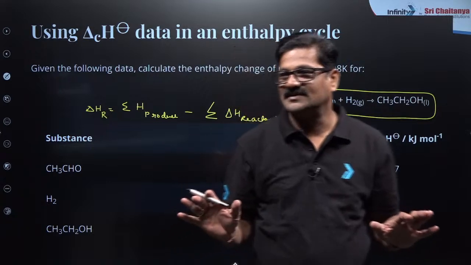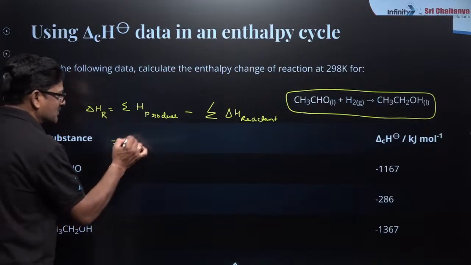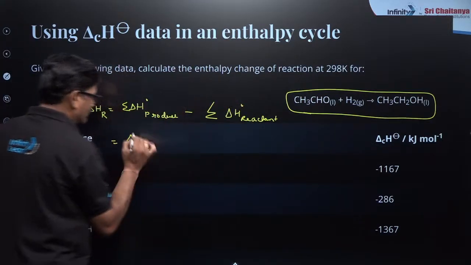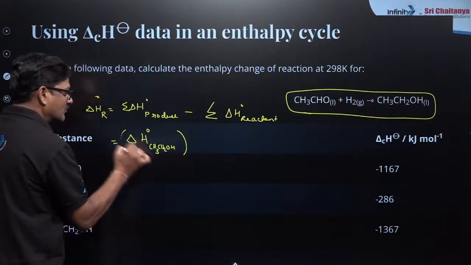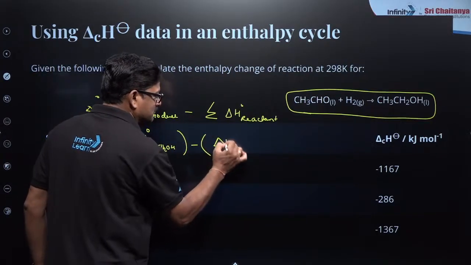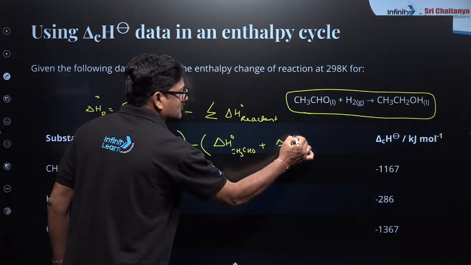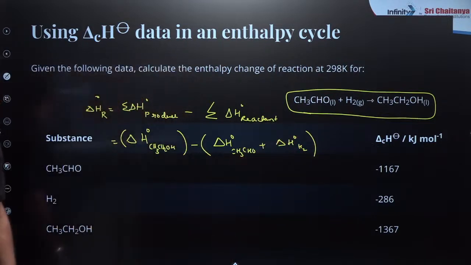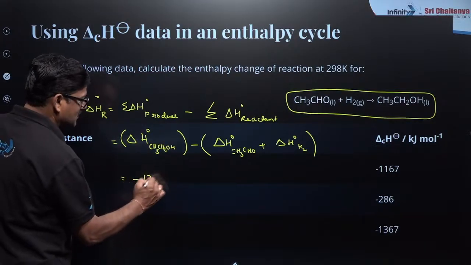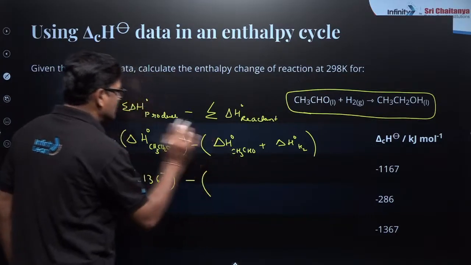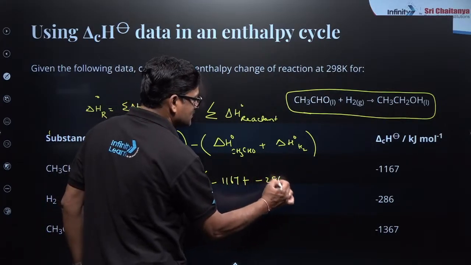Use this simple trick. And product क्या होगा, enthalpy of the CH3CH2OH, acetaldehyde, so CH3CH2OH and CH3CHO plus हाइड्रोजन. ठीक है, और इसका वैल्यू कितना दिया, -1367, CH3CHO का 1167, plus it is going to be -286.